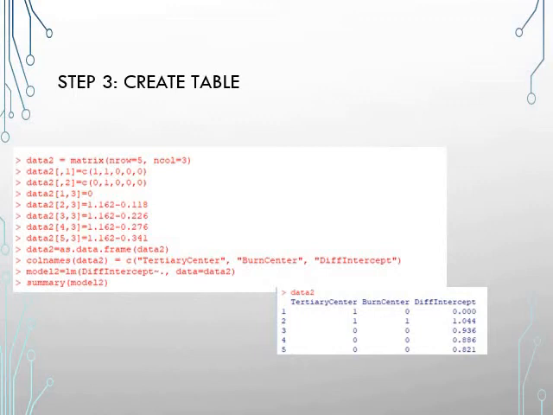The first column of the table displays if the hospital has a tertiary center, with 1 being yes and 0 being no. The second column displays if the hospital has a burn center, again with 1 being yes and 0 being no. And the third column shows the difference between the y-intercept we got from running the first regression on the individual level variables and the coefficient for each hospital, hospital A, B, C, and D. Note that the patient characteristics are removed, removing the effects associated with patient characteristics.